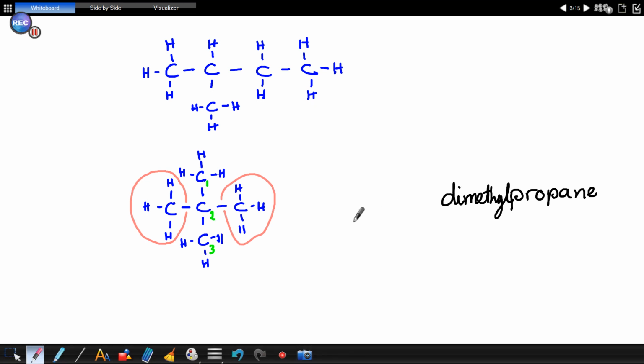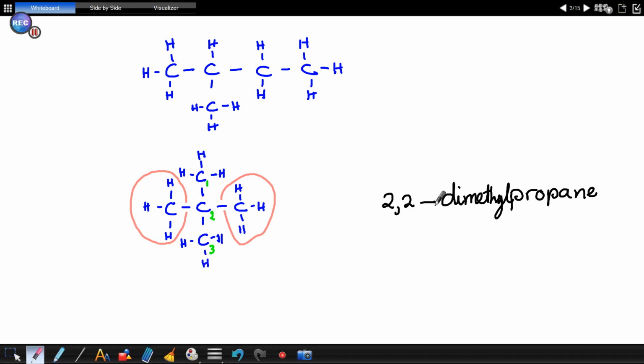To be technically correct, it is 2,2-dimethylpropane. In this molecule, because it's so short, it doesn't make sense to put 2,2, but both the methyl groups are on the second carbon in the chain. That's why it's 2, and between numbers we put a comma.